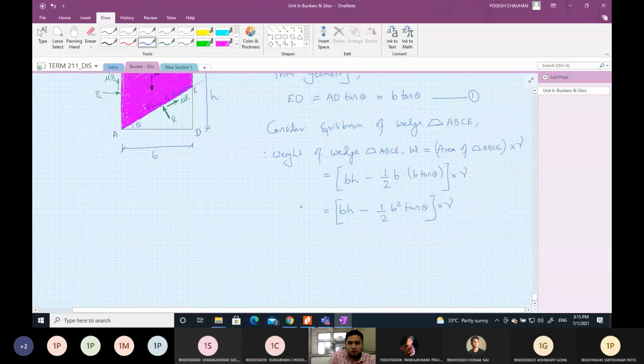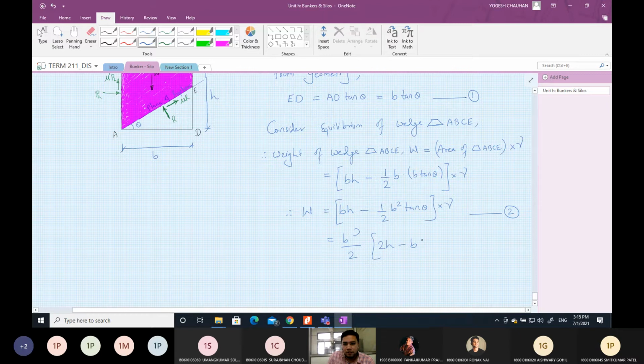Okay, because this is W. Mark this as number 2. Or you can take B by 2 as common as well. So it will be B gamma by 2 into 2H minus B tan theta.